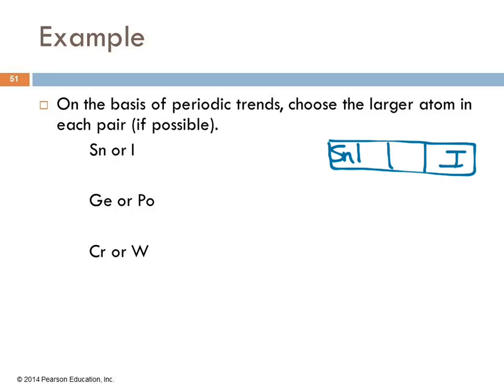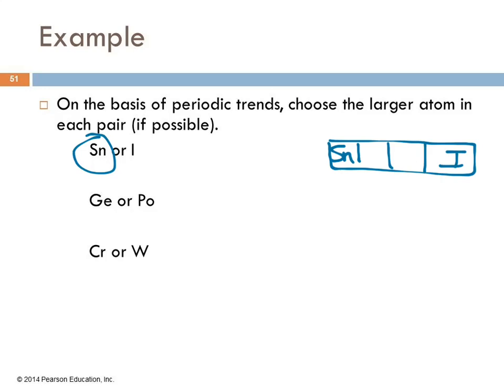So based on periodic trends, which do we expect to be larger? Tin. Sorry, tin. Yes. Tin is going to be larger, because as we go across, effective nuclear charge increases while n stays the same, electrons get pulled in tighter.